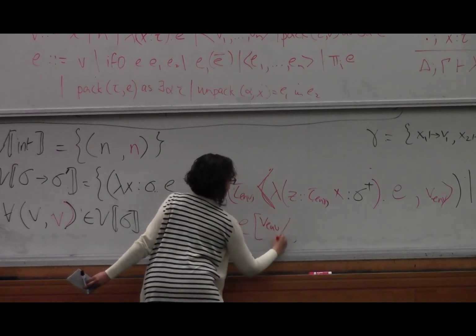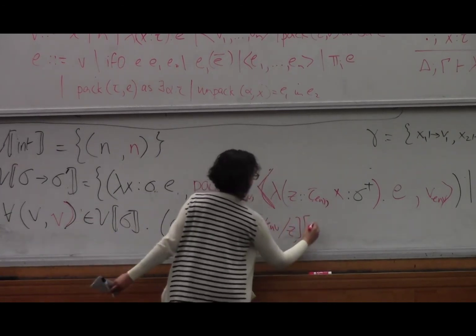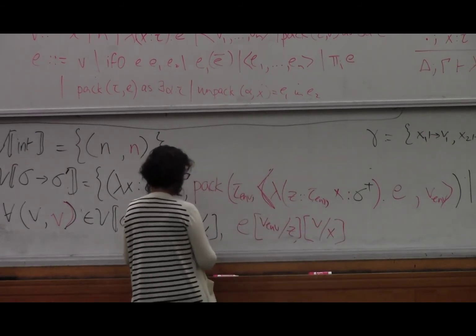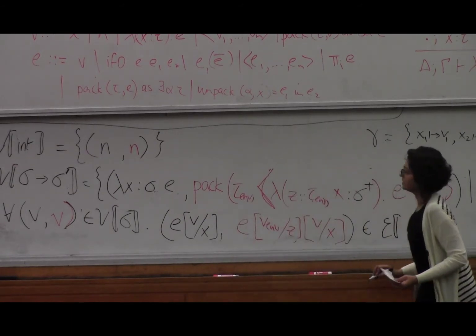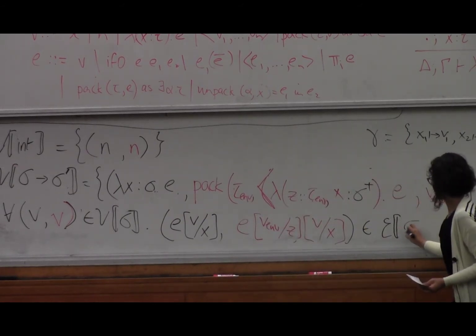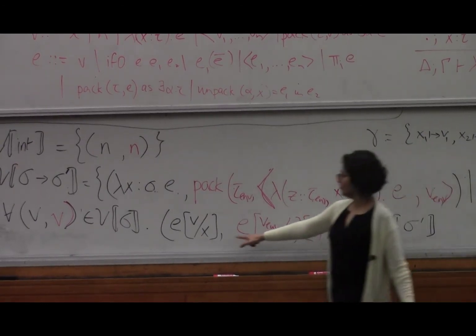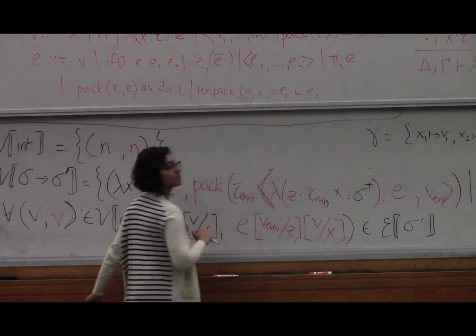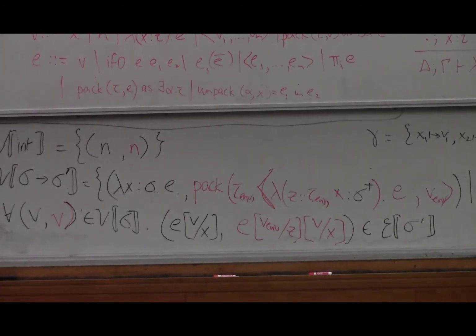So, substitute Vn for Z in E and substitute our red input V for the red X, and then show that these two things are related at the result type sigma prime. And again, this means that this guy will have type sigma prime when we run it, and this guy will have type translation of sigma prime. Good? Okay.